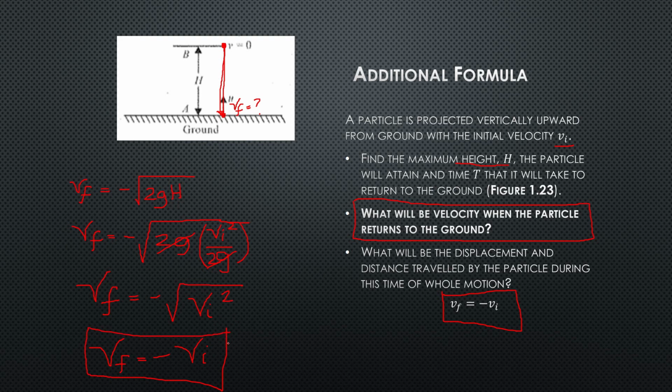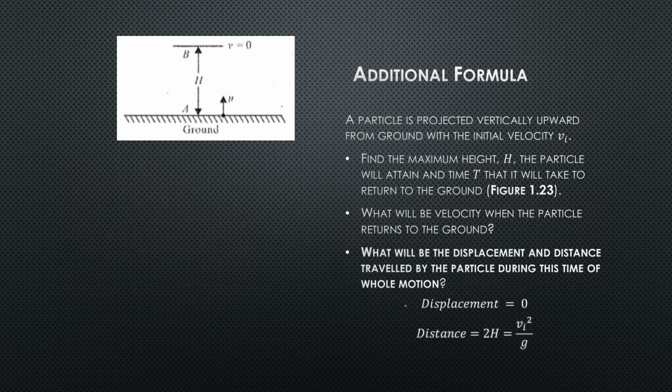So when you encounter problems similar to this question, you can use this formula directly. And last: what will be the displacement and the distance traveled by the particle during the whole motion? Whole motion is from when it leaves the ground, reaches the highest point, and returns to the initial position.